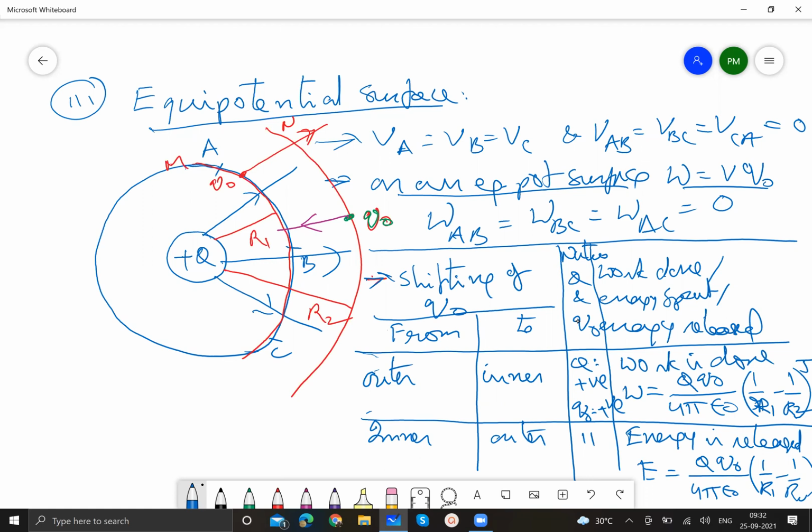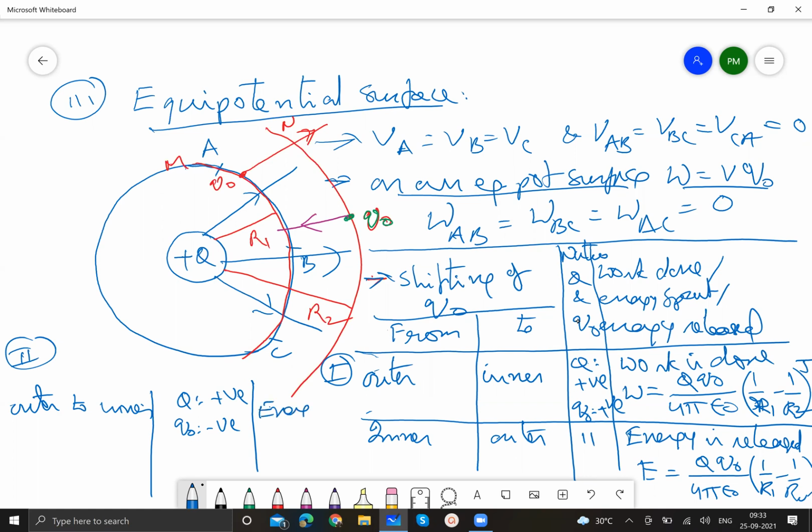Then outer to inner, and capital Q is positive, test charge is negative. Same, if it is a negative charge, the attraction will pull it inwards. Therefore, we need not do any work. In turn, energy is released.